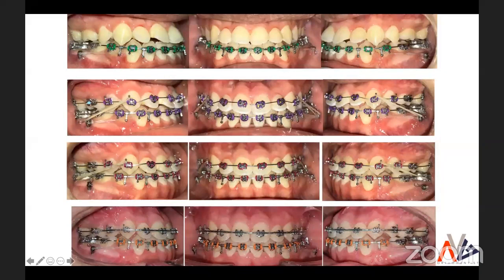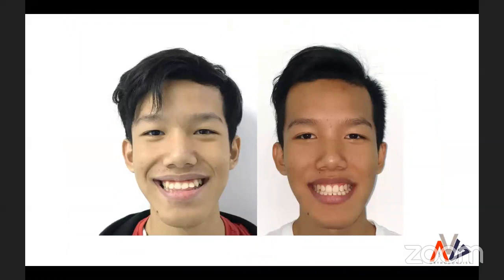Dr. Raghu wants to know that IMPA looks more compromised in this case. Yeah, it was a camouflage. One more thing I would like to clarify is whenever you see IMPA, IMPA is always a function of your FMA. That's what we are taught in Tweed as well. So it's not always that the IMPA needs to be 90 degrees.